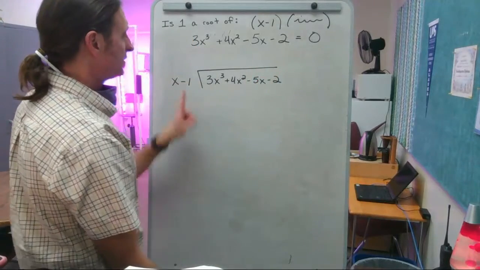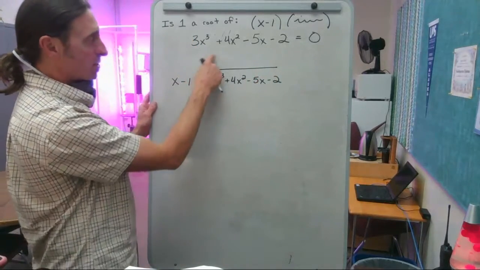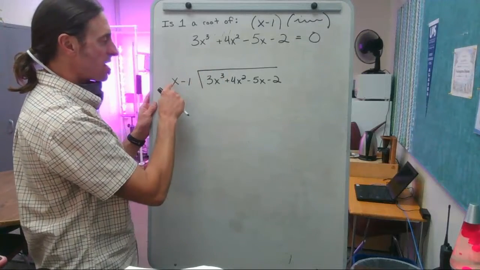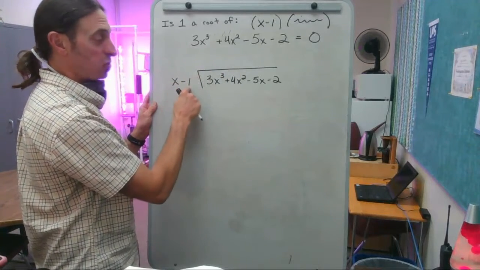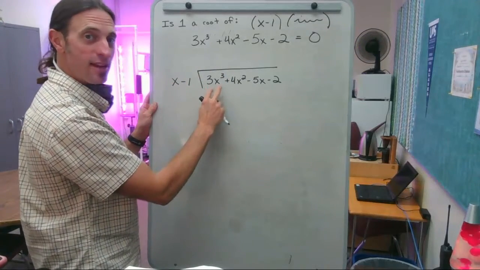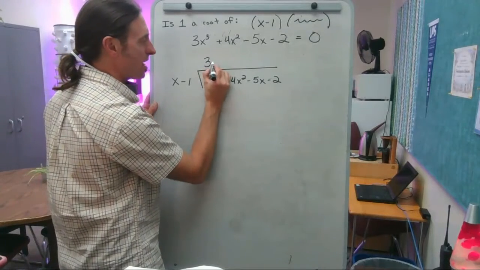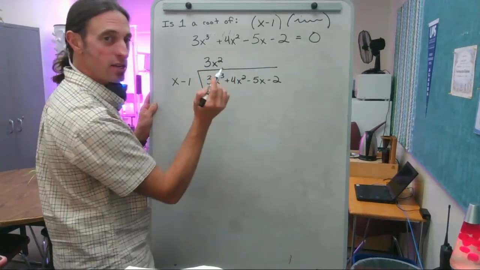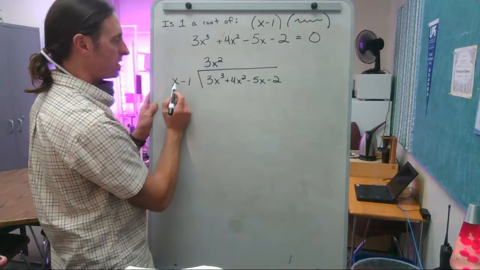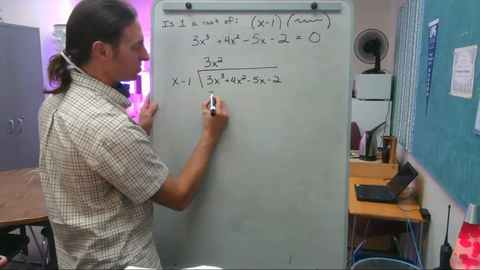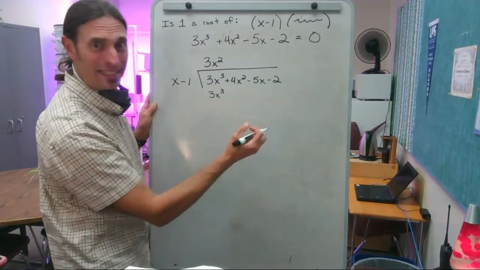All right, step 1. What number times x minus 1 will give you 3x cubed? Well, that number is 3x squared. Now watch, 3x squared times x is 3x cubed.